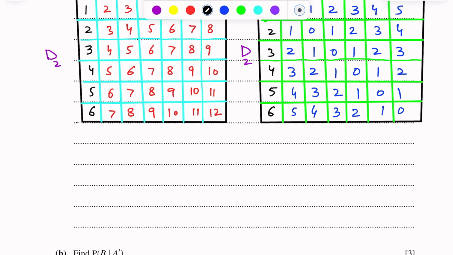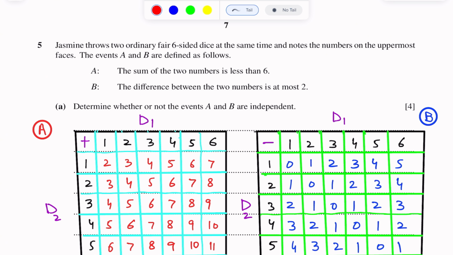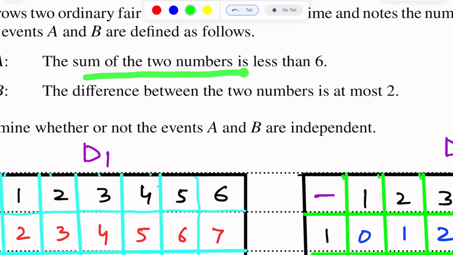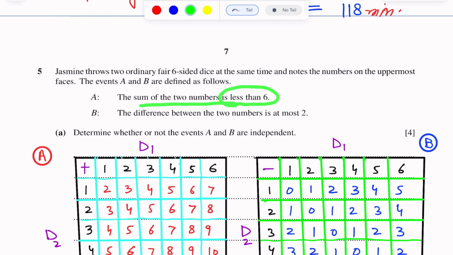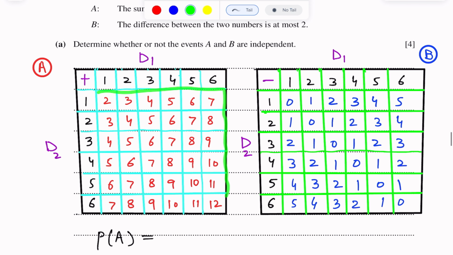Now, probability of event A. Event A is the sum of two numbers is less than 6. This is event A, these are the outcomes. Sum is less than 6, so we can take only these values: 2, 3, 4, 5, 3, 4, 5, 4, 5, 5.